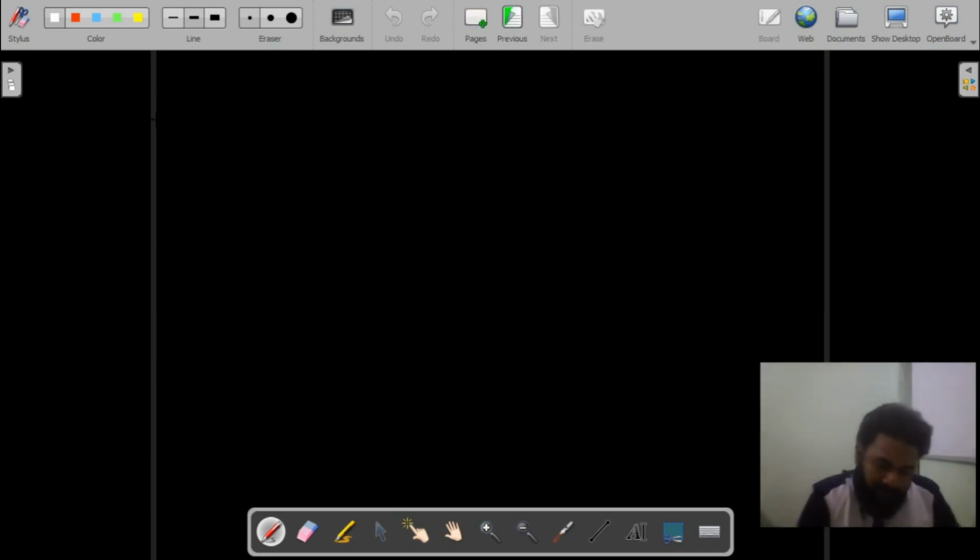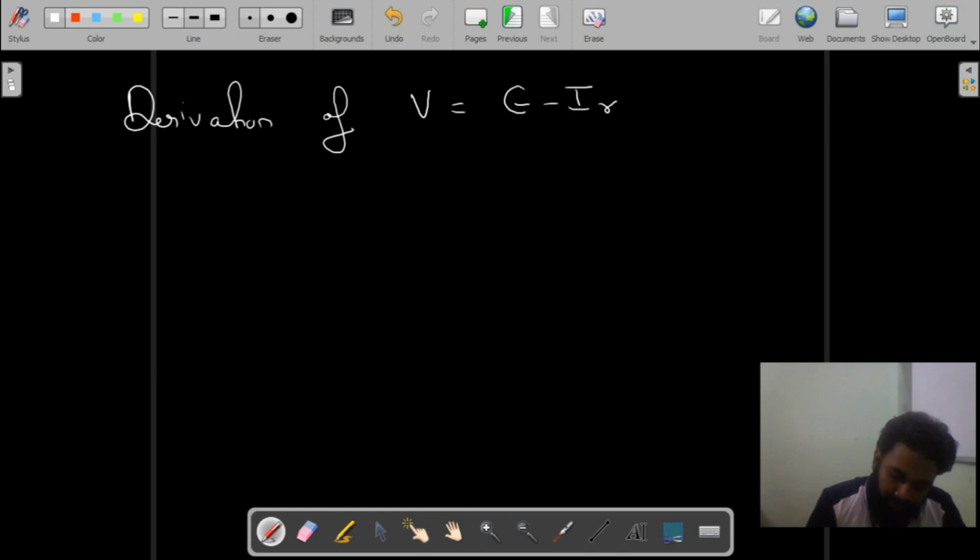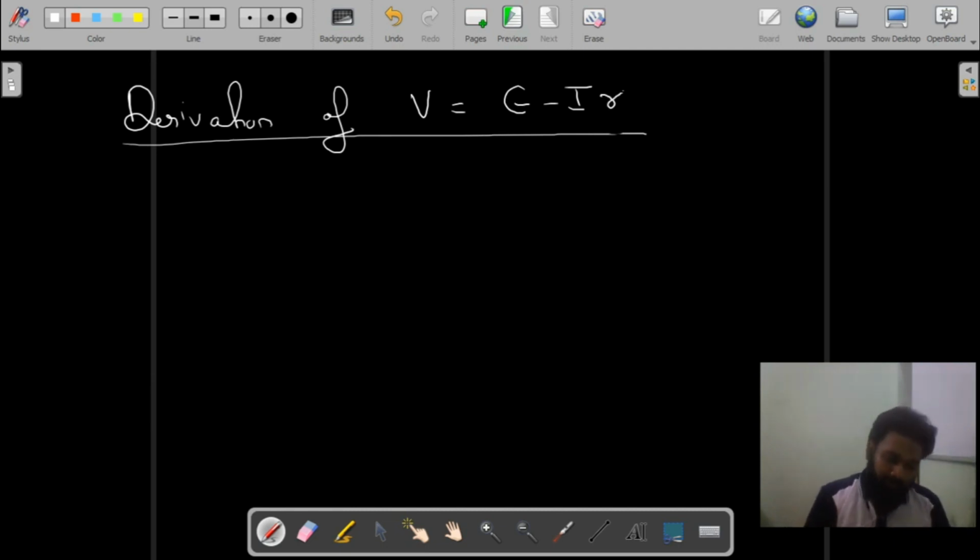So we will see the derivation also. Derivation of V is equal to E minus Ir. This is not a suffix actually, we should not feel like that. This is E minus Ir. Suppose we consider a battery.